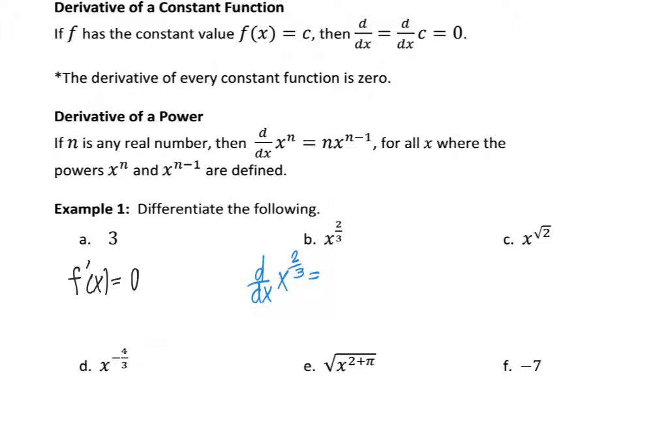But 2/3 is your n, so you will bring that out front and then multiply it by x, and x is raised to the power of 2/3 minus 1. For these, just realize that 1 is equal to 3/3 in this case. So your final answer is 2/3 x to the negative 1/3 power.